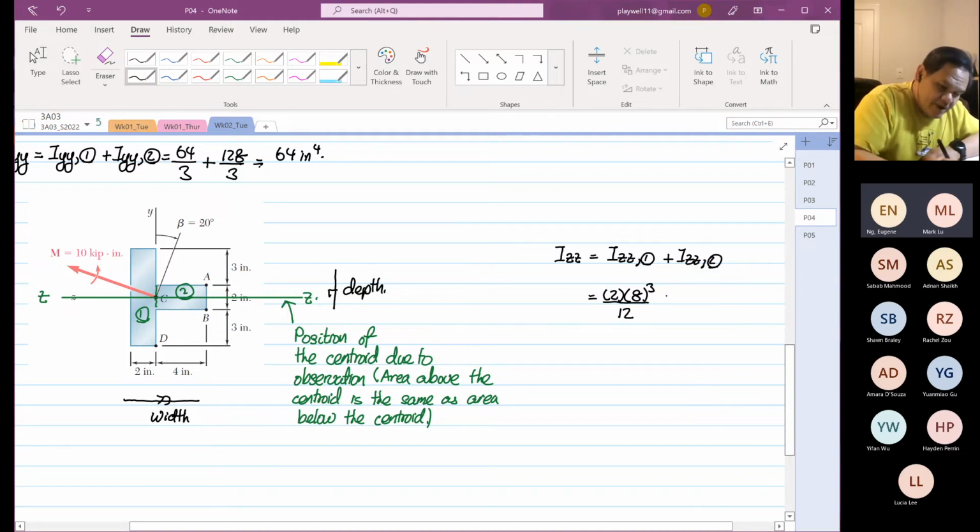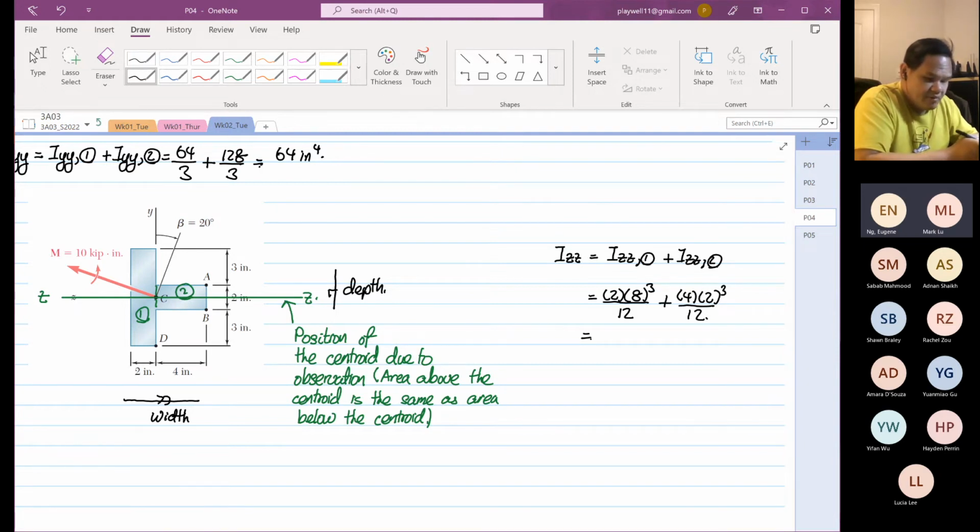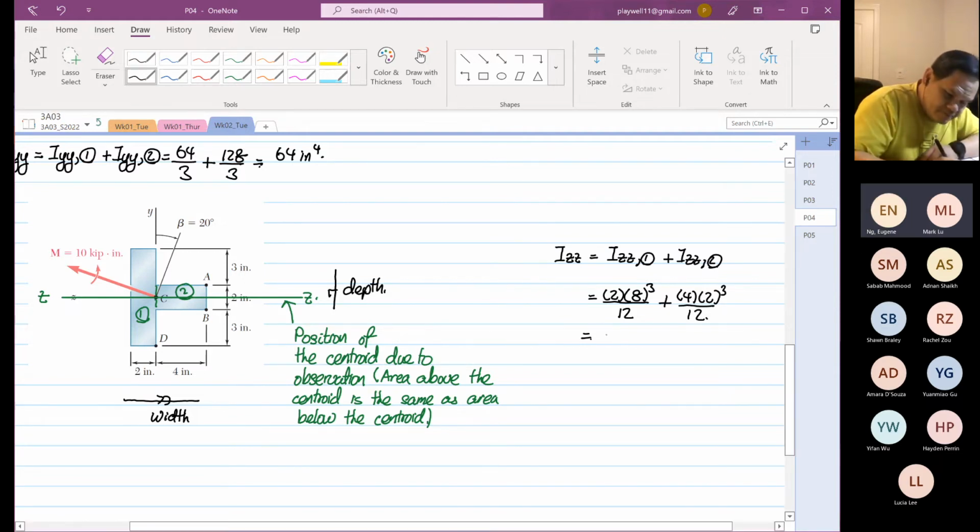And then this is plus IZZ2. The width is 4. The depth is 2 cubed divided by 12. Okay. So this is equal to 2 times 8 power 3 divided by 12 plus 4 times 2 power 3 divided by 12. This is equal to 88. Okay. So 88 inches to the power 4.